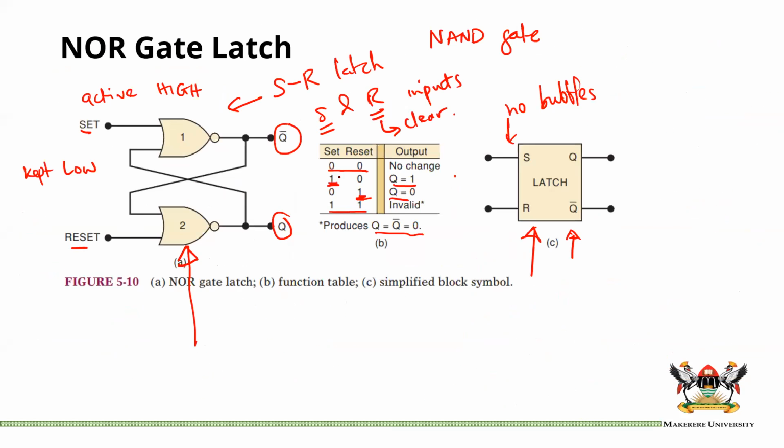There is no change. When S is 0 and R is 0, it is no change. But remember, the flip-flop was initially cleared, meaning the alarm is off. So no change simply keeps the alarm off until we set it.